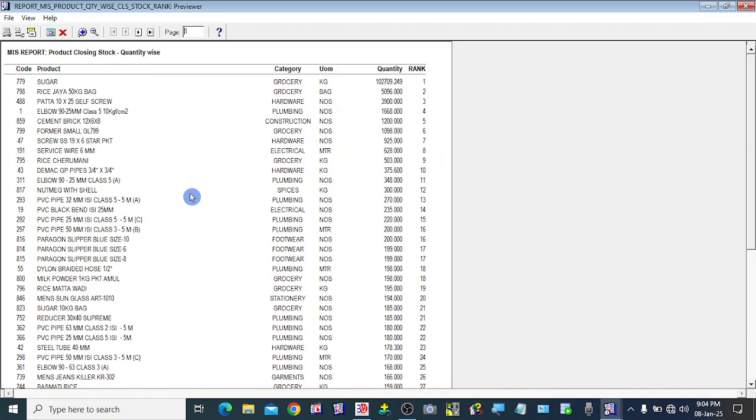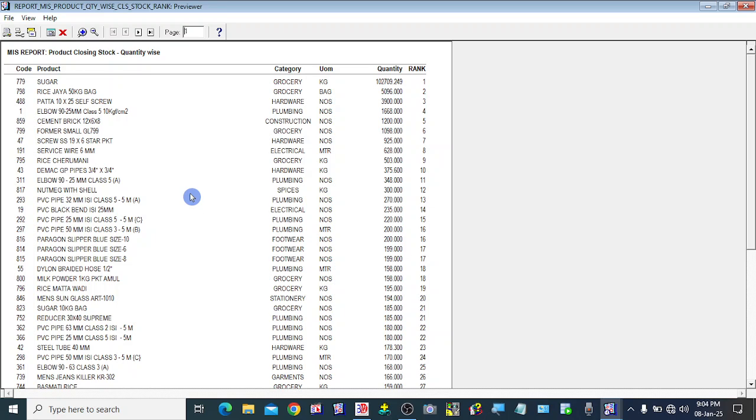This report is very useful for managers to understand the dead stock, as well as with the help of this report we can very easily identify in which product I have invested more cash.